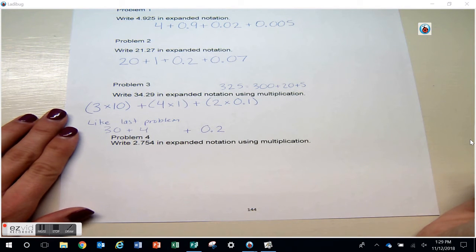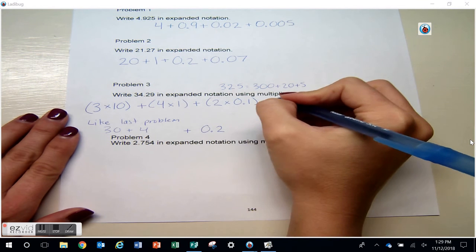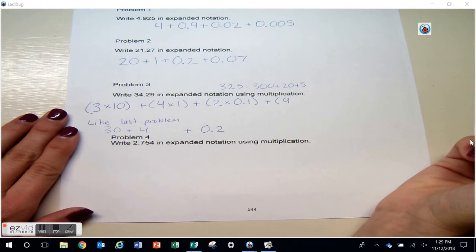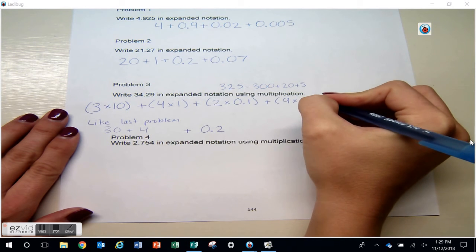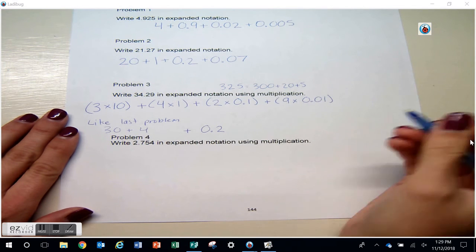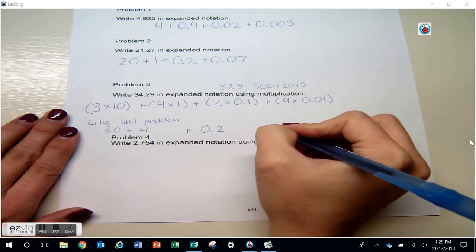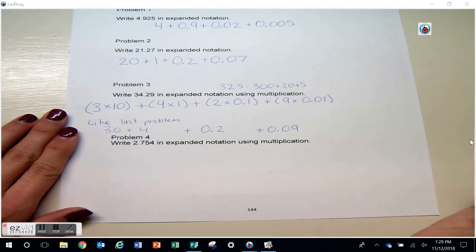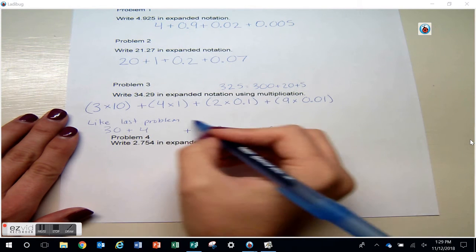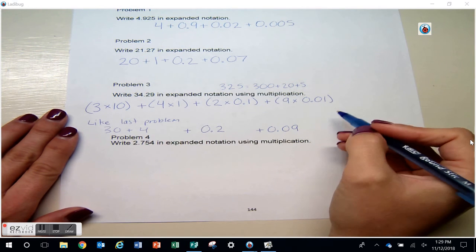Our next place value is the 9. That 9 is in the place value of the hundredths, so I'm going to multiply it by 1/100. 9 times 1/100 gives me 9 hundredths. Now this part doesn't really have to do with this problem, I just wanted you to see how they would relate to each other.